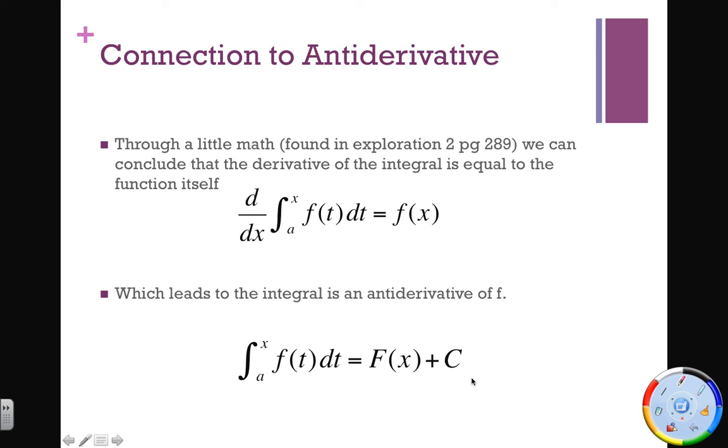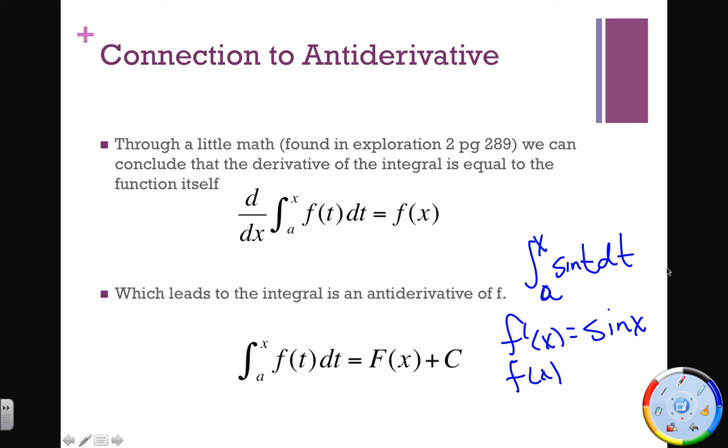And we were actually doing this before, looking at, hey, if this is f prime, what could have been f of x? And it's basically going this direction. If I gave the integral from a to x of sine t dt, I could say, well, what makes the derivative of sine? Oh, whose derivative is sine? Oh, that's negative cosine.